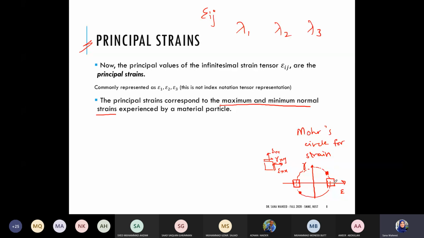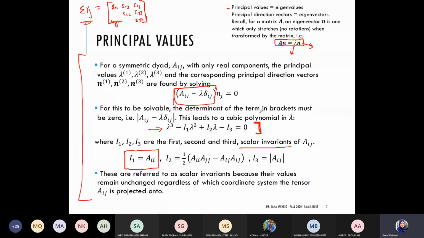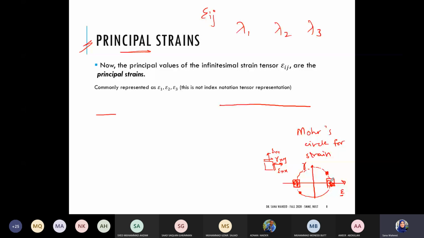which is showing me what my maximum value of the normal strain is. अगर किसी को याद नहीं है तो I'm happy to discuss this later on. It's not of direct relevance to us in this course, but I'm just trying to correlate कि if we just find our principal values using just tensor operations, मतलब ये कि strain tensor की मैं eigen values निकाल लूं तो वही चीज हमें मिल जाती है जो हम इतना लंबा चौड़ा वो strain transformation कर करके maximum और minimum निकाल रहे होते थे Mohr circle use करके एक जमाने में अपने आप लोगों के बचपन में basically.